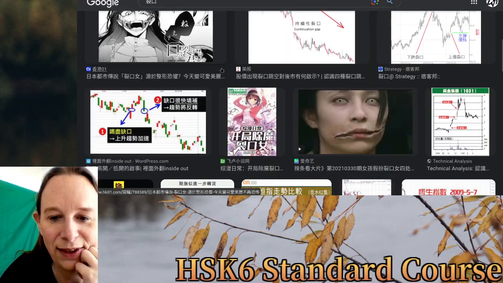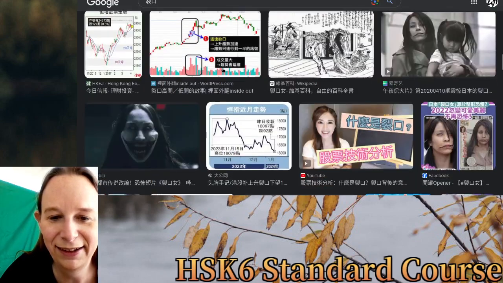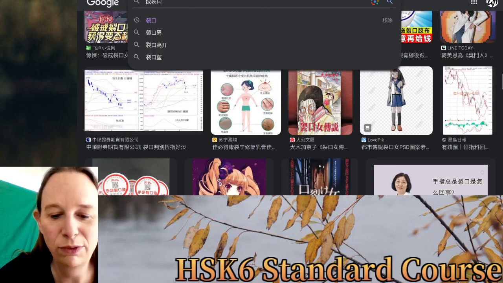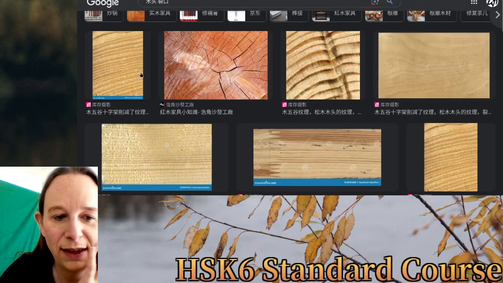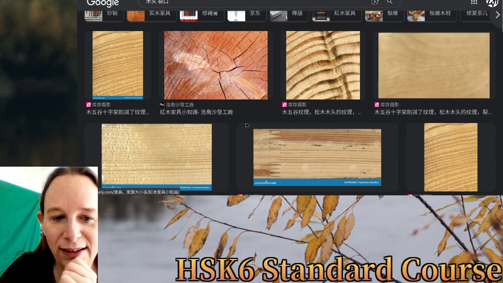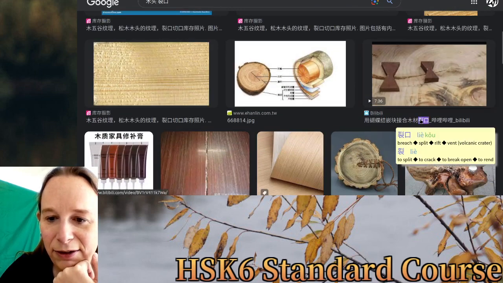I don't want to look at these photos. Images. Okay, maybe I'll put it like 木头. Something, give me relevant images. 裂口. So I guess these gaps are the 裂口.